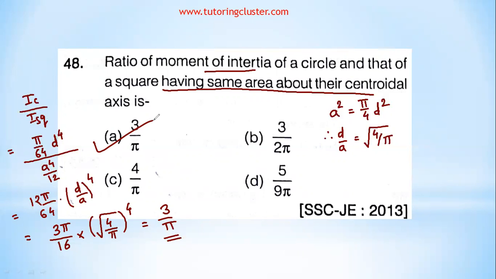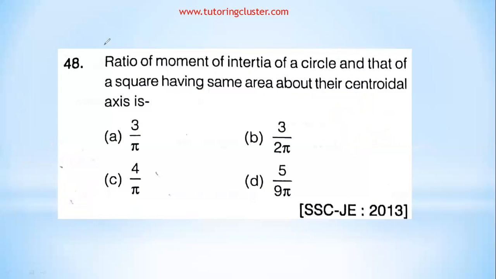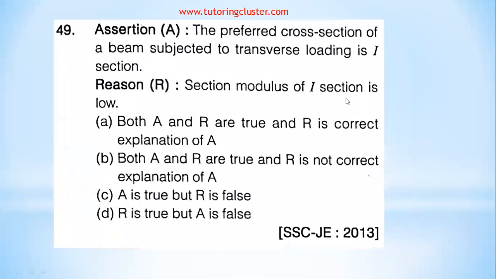Next, 49. It's an assertion-reason type of question. Mostly you will find such type of question in ESE. Assertion: the preferred cross section of a beam subjected to transverse loading is I section. Reason is given as: section modulus of I section is low.